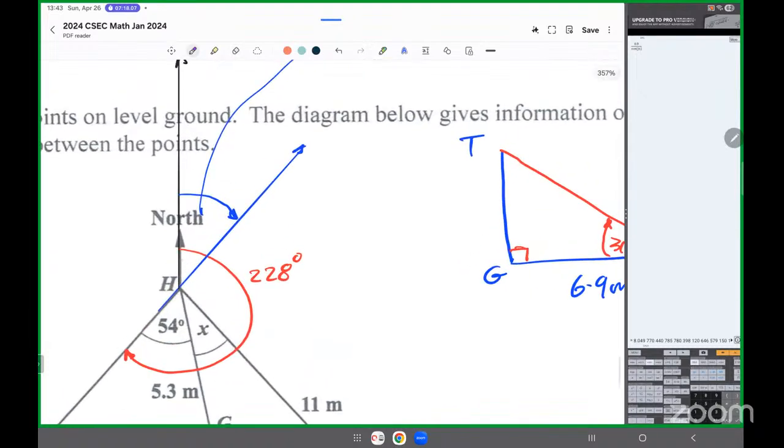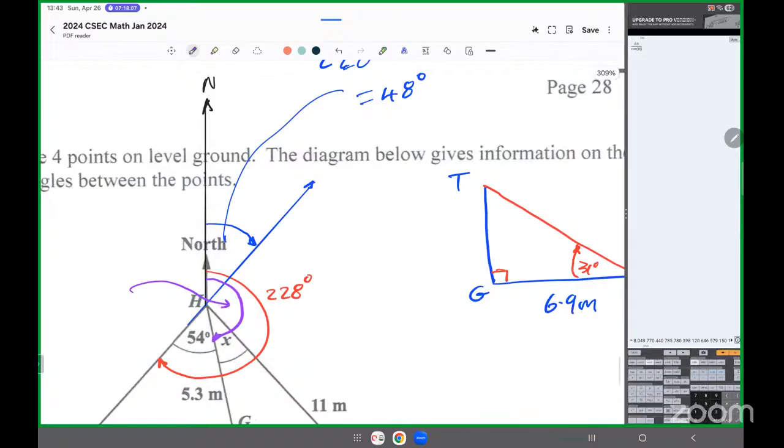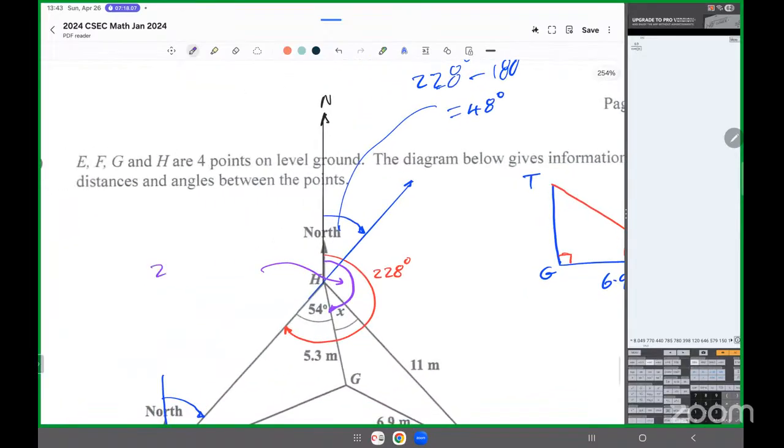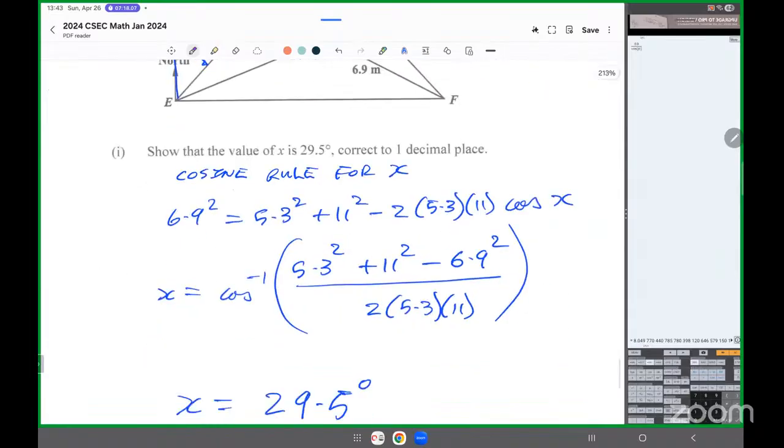So the bearing that I want next is this one, and the angle that I want in here, in purple, is 228 minus 54. What does that work out to? 174. Right? So 228 minus 54.